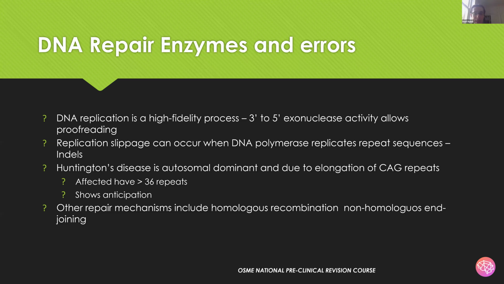So the last thing to think about is what happens when this goes wrong, and what mechanisms do we have to prevent that? Generally, DNA replication is very high fidelity, and the likelihood of a non-complementary nucleotide being incorporated is about 1 in 10 to the 9. This occurs partly because DNA polymerase also has a 3' to 5' exonuclease activity, which essentially allows it to proofread and correct mistakes.